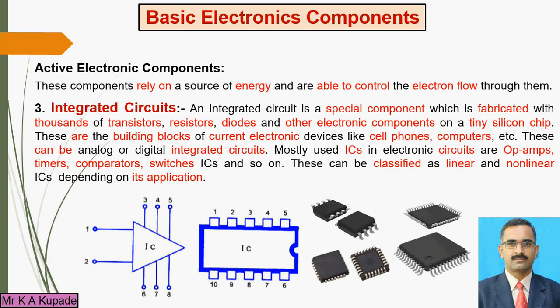As per the application, these ICs are classified as linear and non-linear ICs. In this slide, I have shown the symbol of the IC as well as the real IC, how it looks and how it is represented.